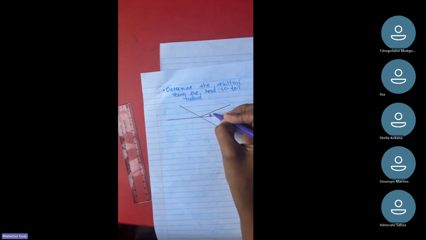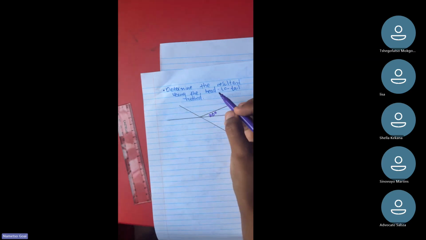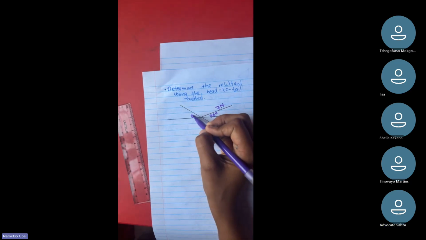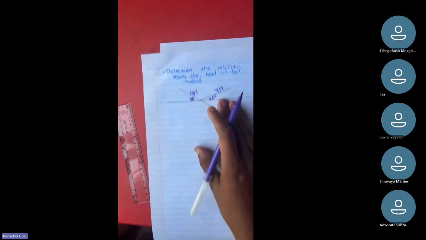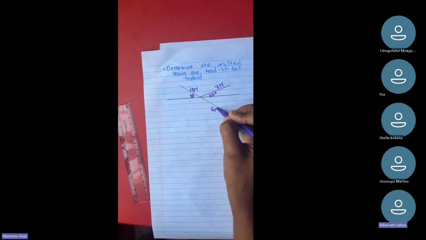Okay, so wait, we have 20 degrees for a 7 Newton force. We have 30 degrees for a 10 Newton force. And we have 6 Newton for 40 degrees. Right? And they're telling us to use the head to tail method.